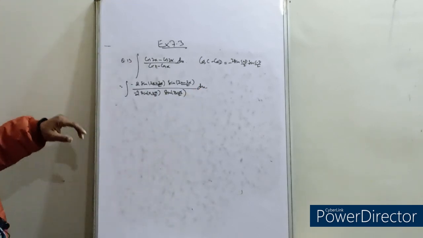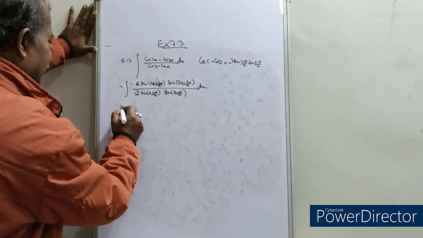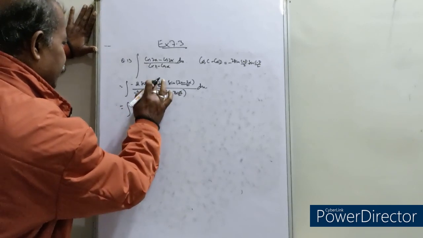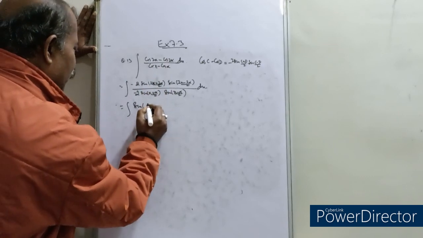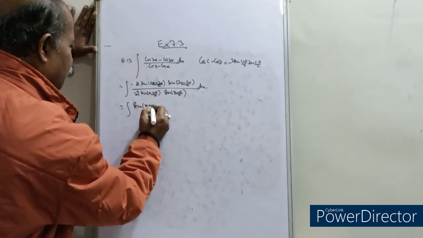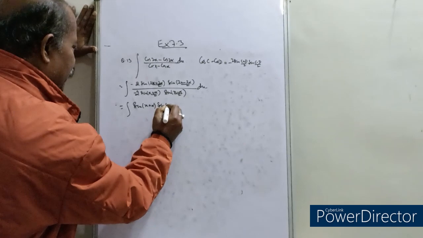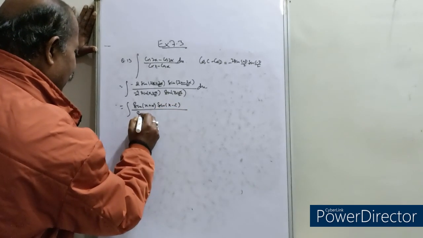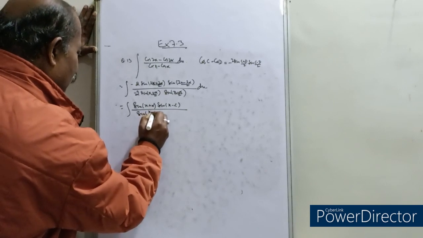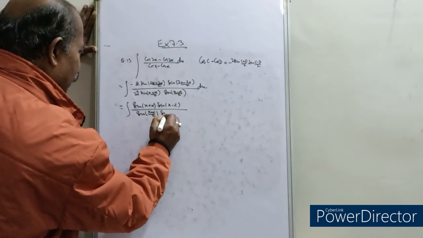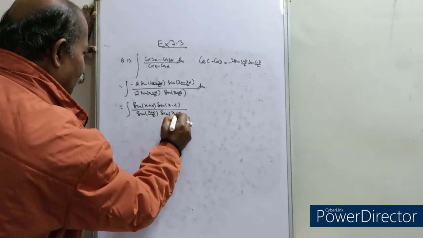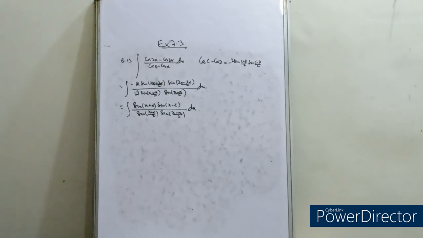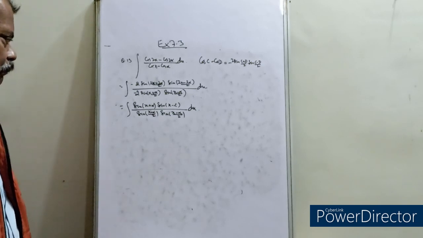On further simplification, the minus 2 cancels out. So this will be sine (x plus alpha) into sine (x minus alpha), and here sine (x plus alpha) by 2 into sine (x minus alpha) by 2 dx. This is your result after applying the formula.